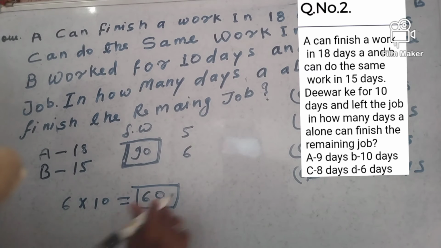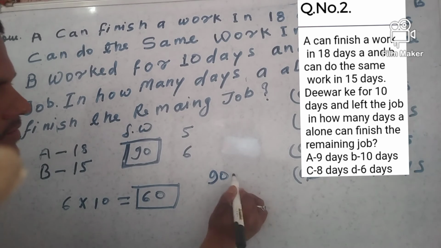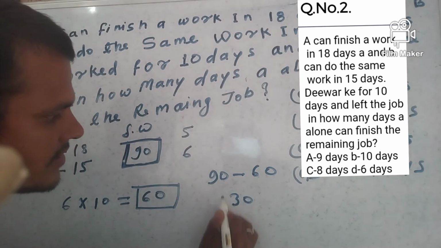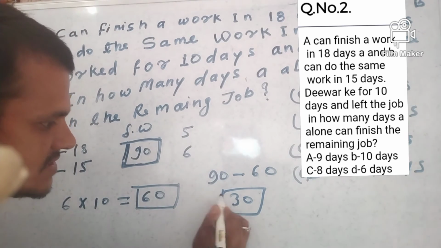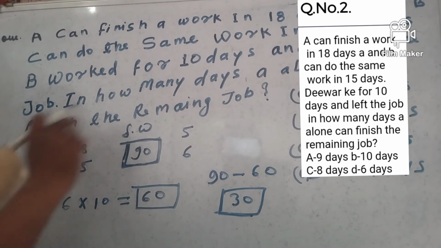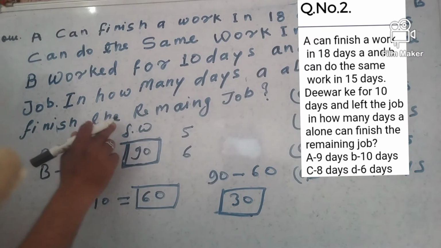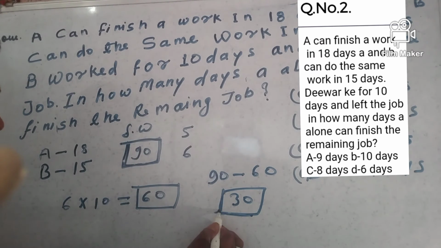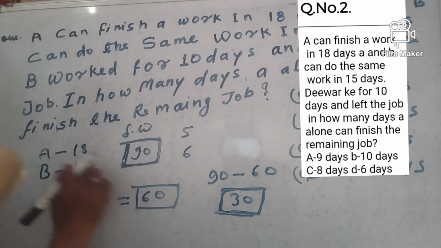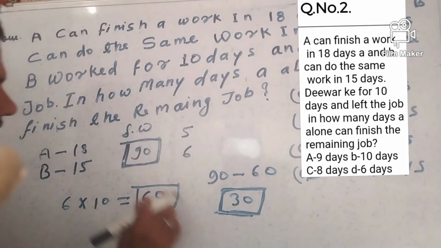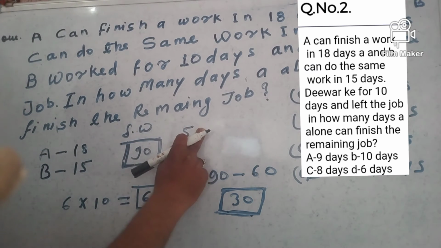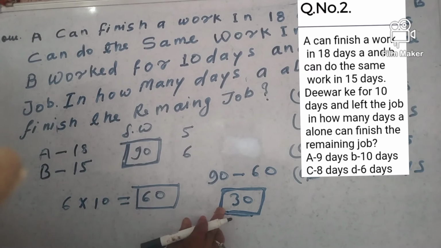So remaining work is 90 minus 60, which is 30, and in this remaining work only A worked. A alone can finish the remaining work. A's efficiency is 5 work per day and remaining work is 30.